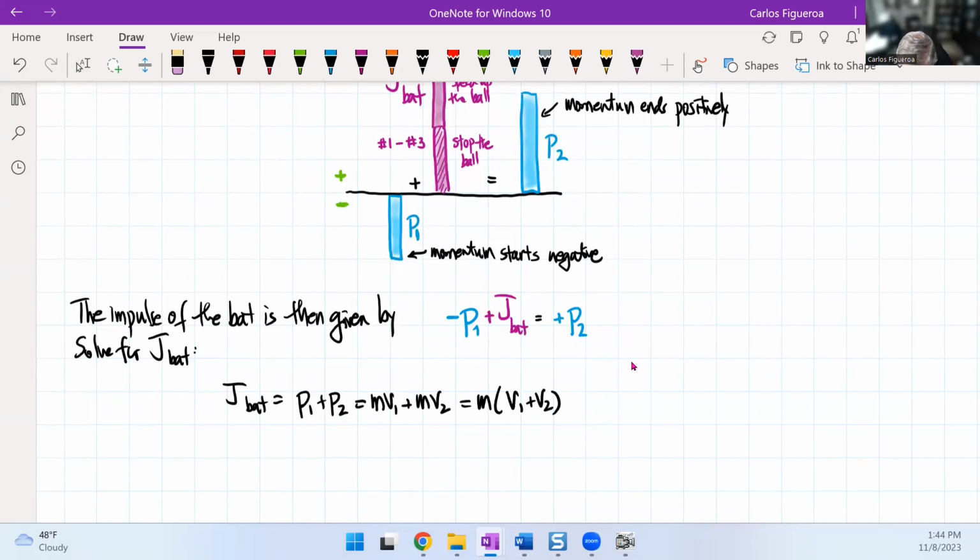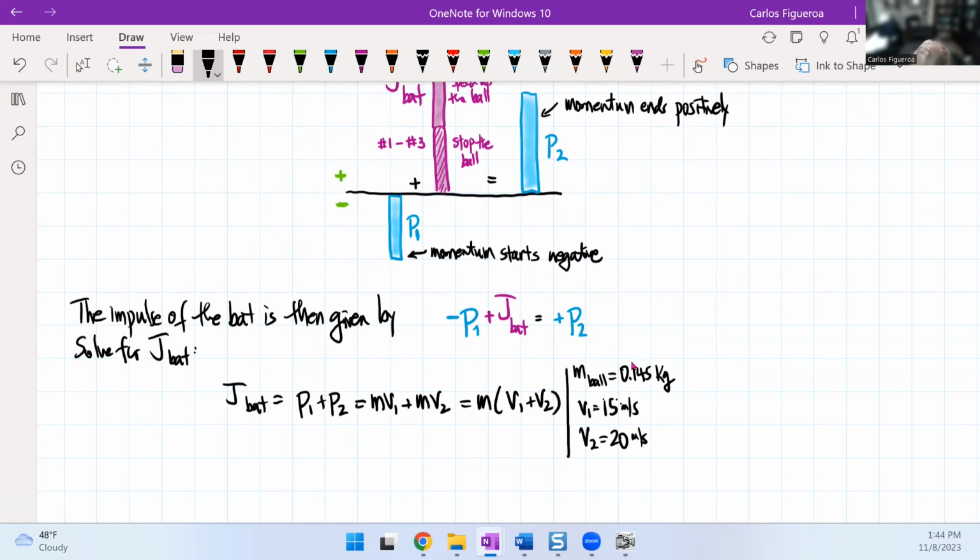So then what do I know? I know the mass of the ball. The mass of the ball is 0.145 kilograms. Make sure you get that into kilograms. We know that the speed is 15 meters per second, and then the final speed is 20 meters per second. So I got to plug in those values.